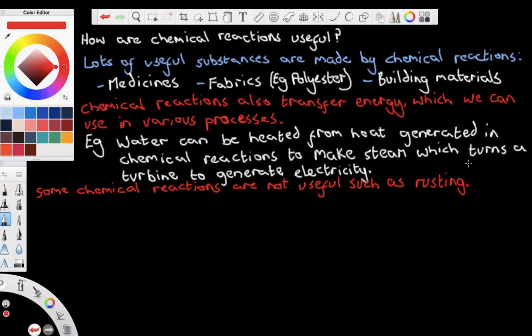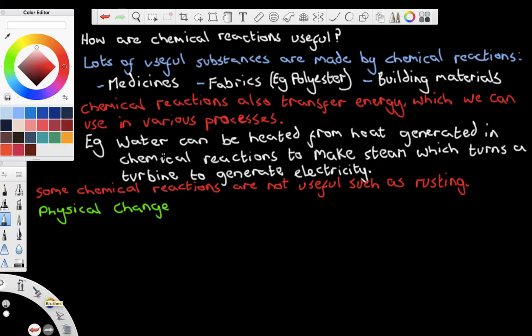Now, some reactions are not chemical reactions. Some are what we call physical changes. So our next key term is physical change. A physical change is different from a chemical reaction.